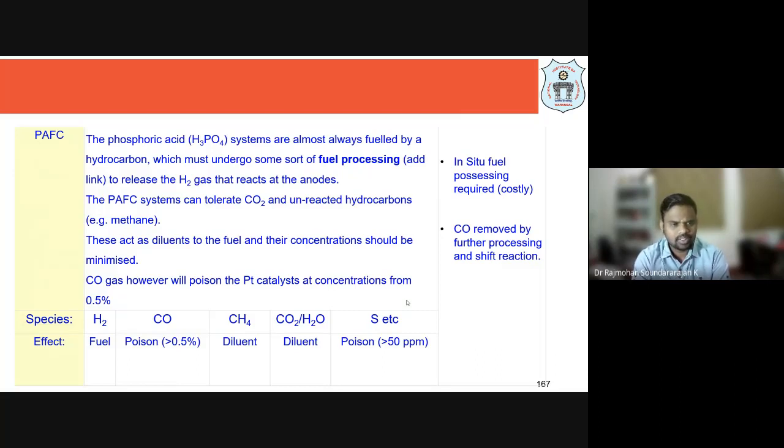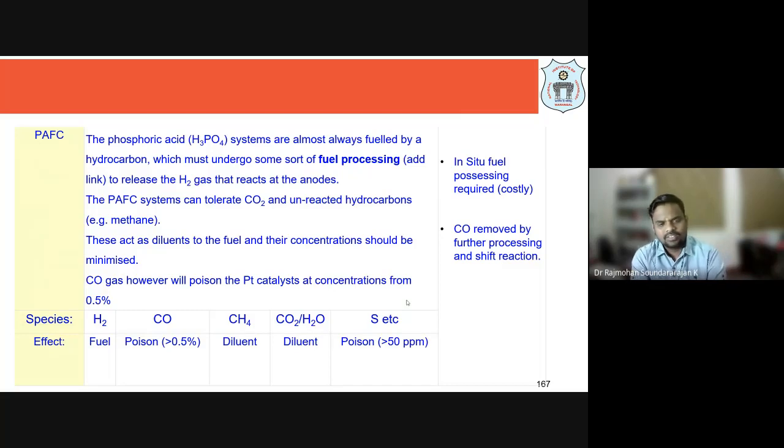These phosphoric acid fuel cell systems have a tolerance to CO2, because even when we are not using hydrogen as the fuel, when you use any hydrogen containing gases, CO2 formation may occur. That tolerance to CO2 is okay with this type of fuel cell, and it can even tolerate unreacted hydrocarbons, because we cannot say that 100% conversion of the hydrocarbon into hydrogen takes place in a system, right?